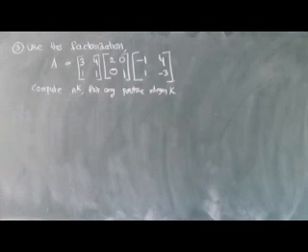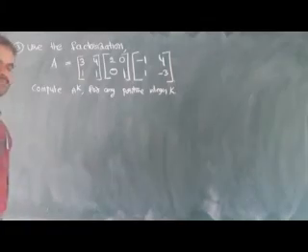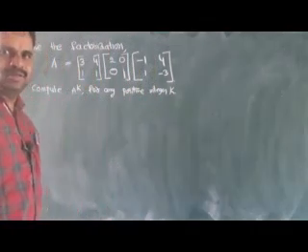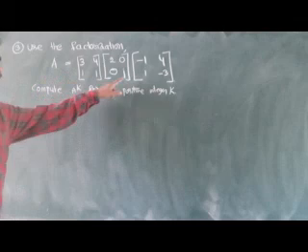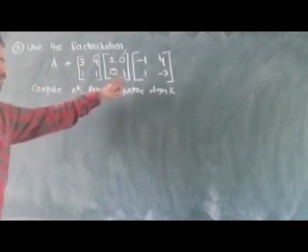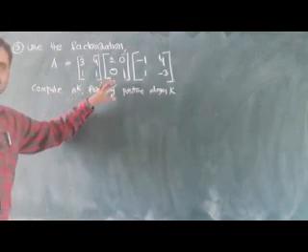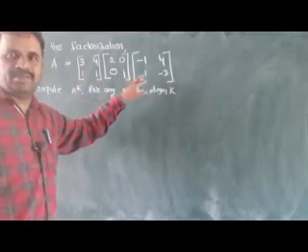Solution. We have to find A power k. If you observe here, he gave that A equal to P D P inverse. This is P, this is D and this is P inverse.